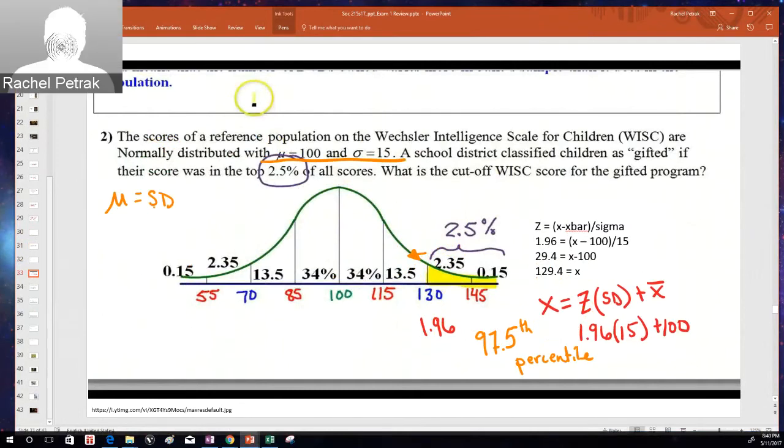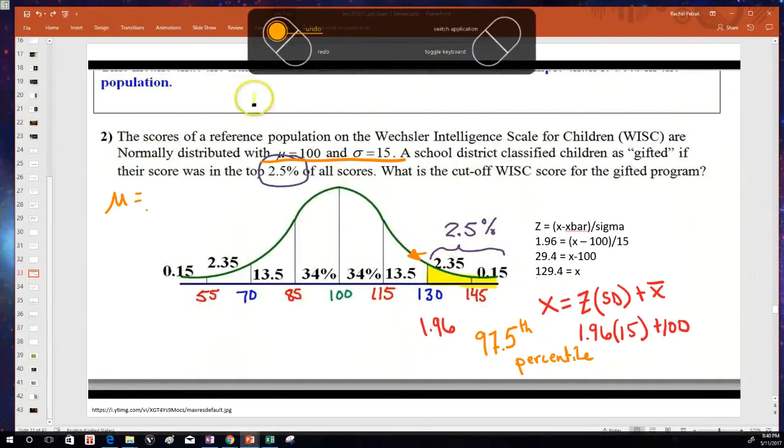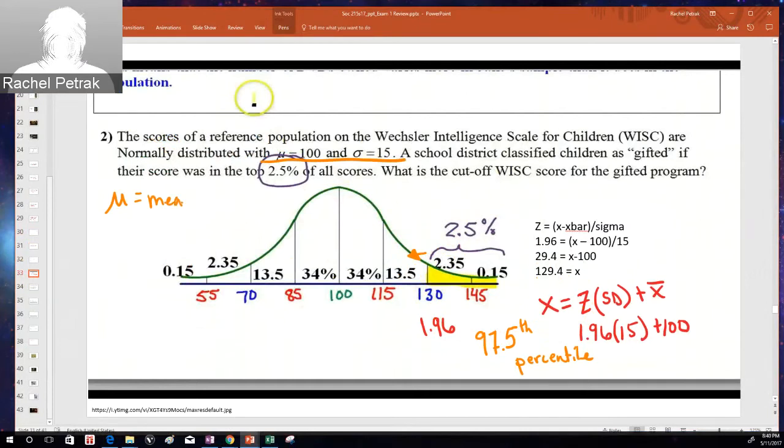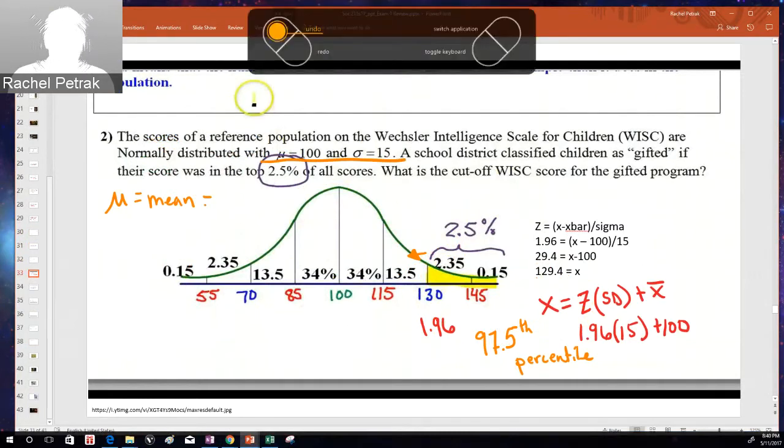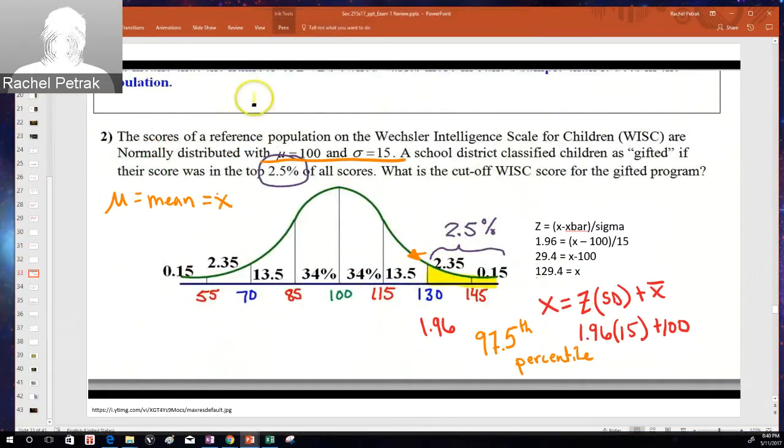This one is mu, it's the mean. Technically, it's the mean of a population. We will discuss the difference between a sample and a population mean later. For our purposes right now, it's still the same as X bar.